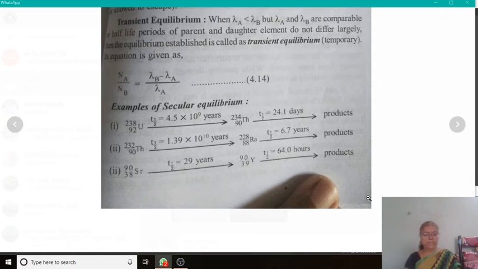Then we will see the range of alpha particles. Here alpha particles are not deflected from their path. They travel in a straight line in an air medium. The internal energy of an alpha particle depends on its source.